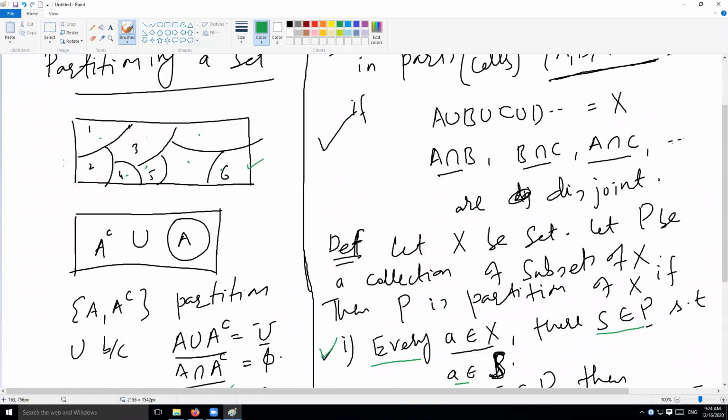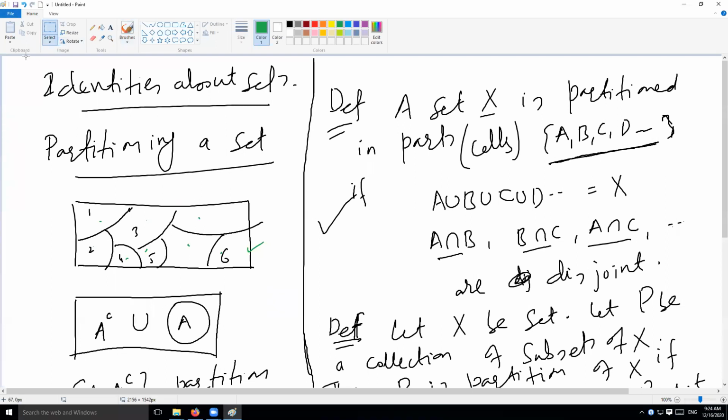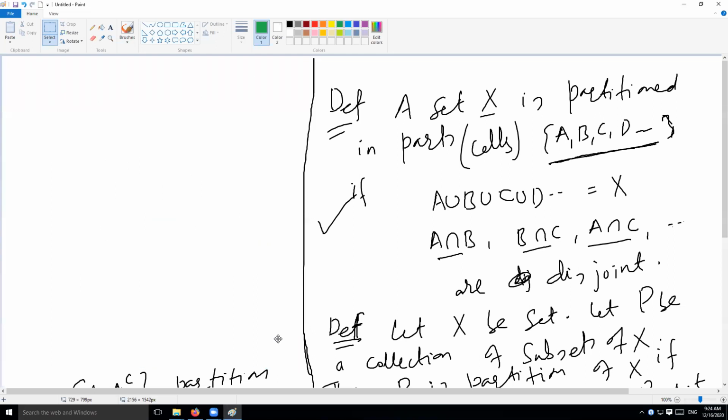All right, let me give you another interesting example. Imagine you take Z, the set of integers: 0, plus minus 1, plus minus 2, and so on. And I'm asking the question: do the following sets make a partition?